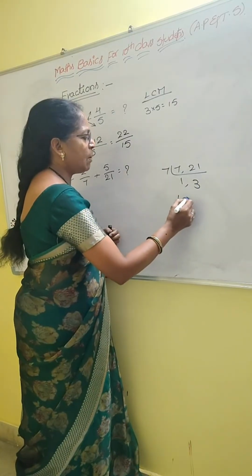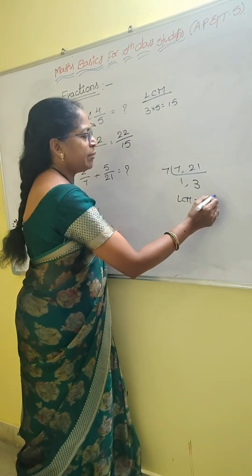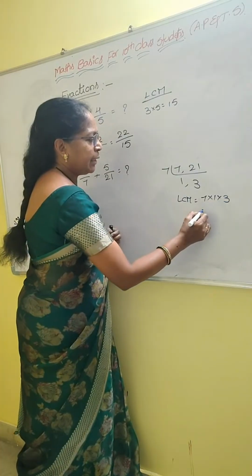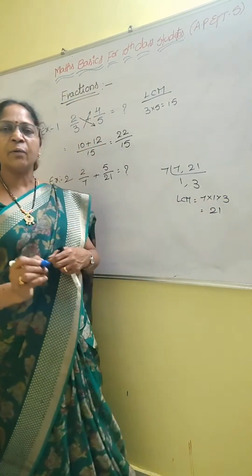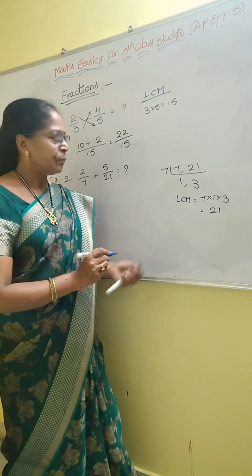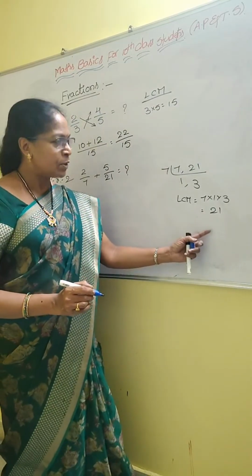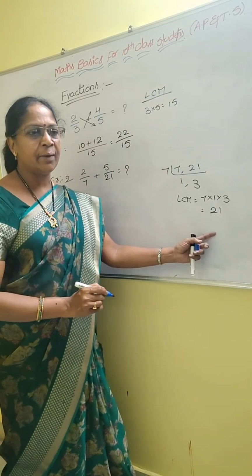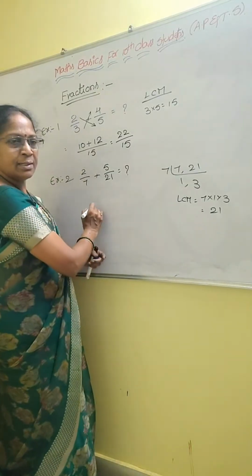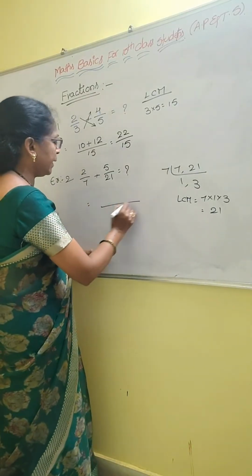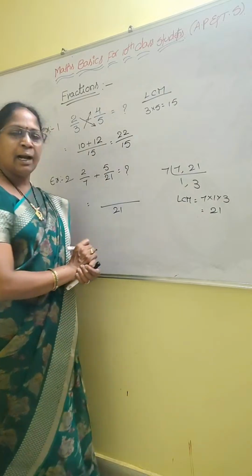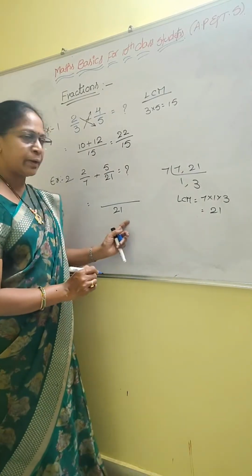So the LCM equals 7 into 1 into 3, which is 21. Then directly draw that line and write the LCM value 21.